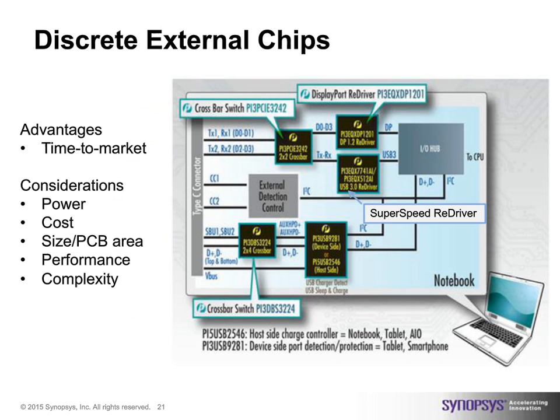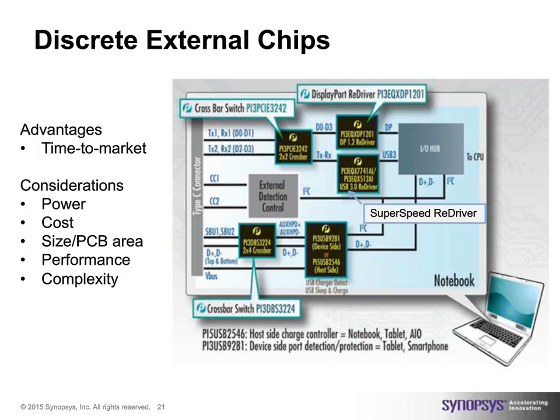So Morten, I see one of the options that you're showing here is to implement USB Type-C using discrete external chips. Correct. External chips, they're great for fast time to market and perhaps only suitable for small quantities, especially when you're not sure of the demand.